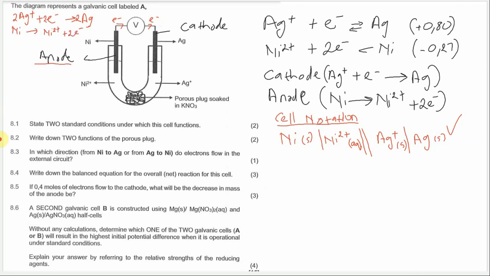So you can see that when you do the overall reaction, the electrons cancel, and you will have your reaction as Ni + 2Ag+ giving Ni2+ + 2Ag.